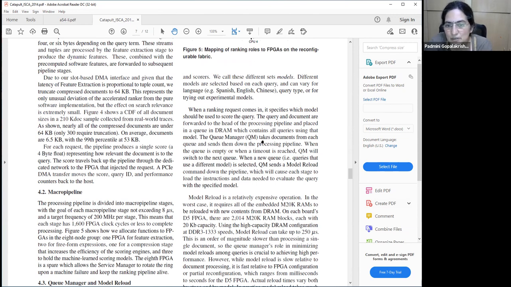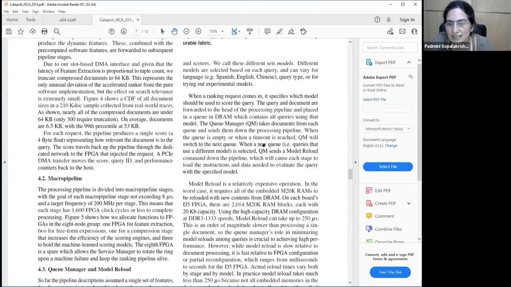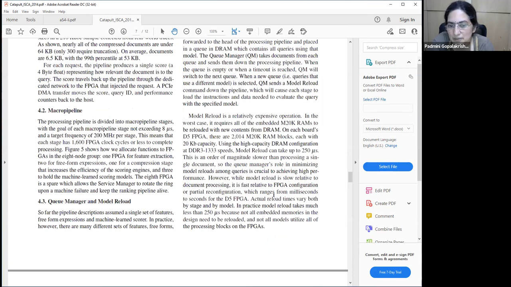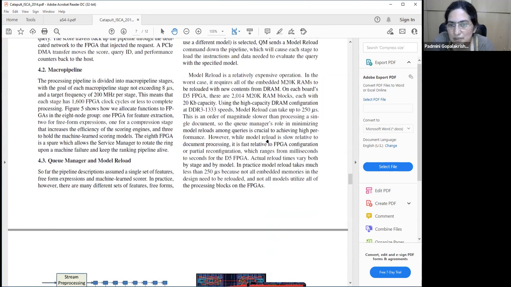The queue manager takes the document and sends it to the pipeline, and it knows when the queue is empty, it goes to the next queue. Sometimes the next queue may have a different model, so the queue manager takes care of that reconfiguration. This model reload, of course, is an expensive operation because you need to reconfigure some part of your pipeline.